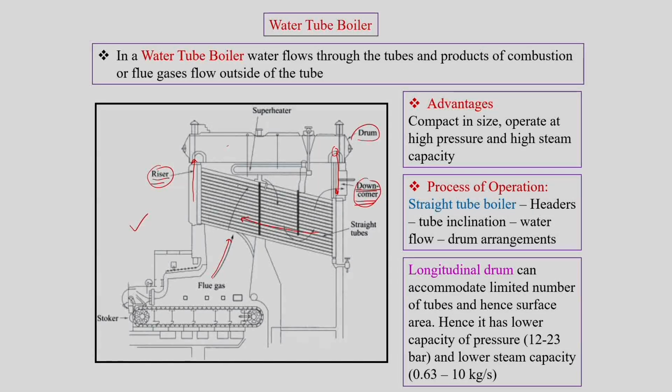So, this has one little disadvantage, that it cannot accommodate many tubes. The pressure it can sustain as per its capacity is around 12 to 23 bar, and its steam capacity is in the range 0.63 to 10 kg per second. This is for the longitudinal drum boiler.